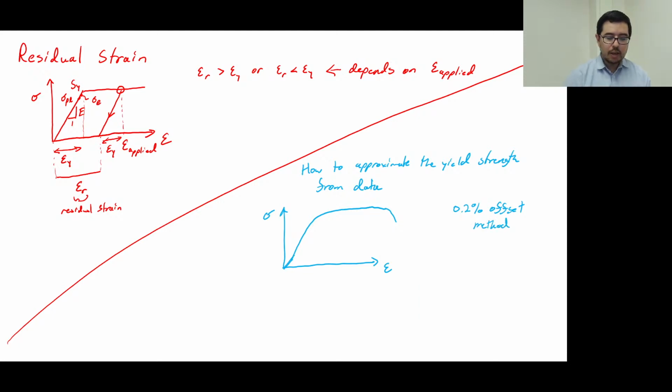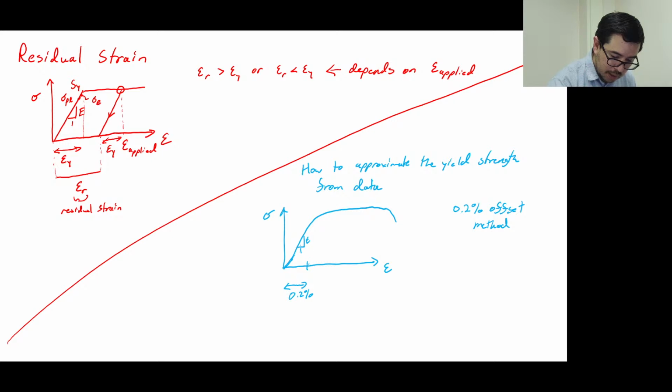Okay? And the way this works is you go 0.2% over, okay? And then we use the slope, so we can calculate the slope right here.